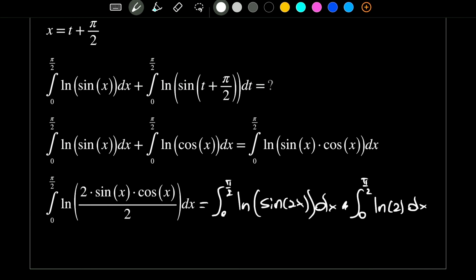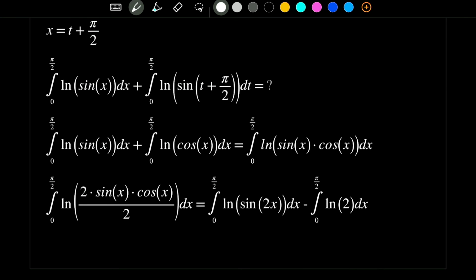Sorry, this is not plus, but minus. So what we've done here is take the expression 2 times sine x times cosine x and write it as sine of 2x. On the other hand, we've used logarithm rules to bring this over 2 out as a minus and actually split it up into another integral.